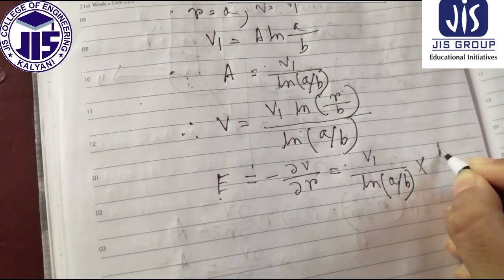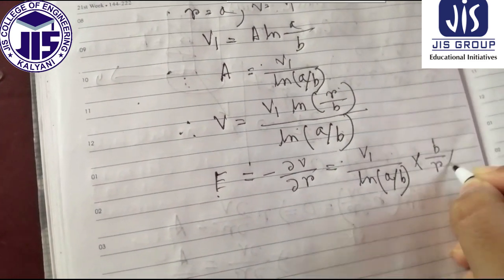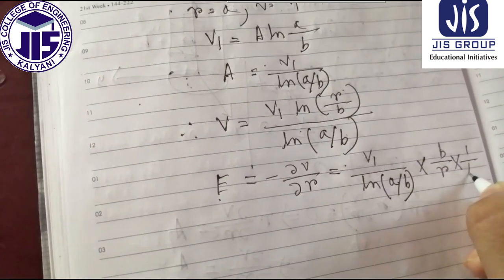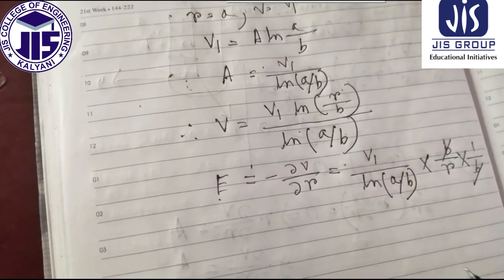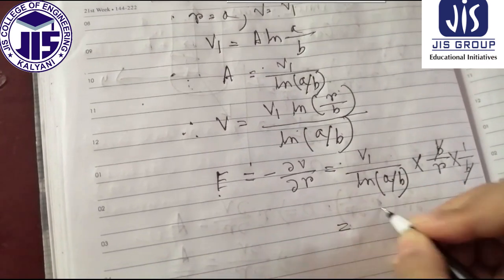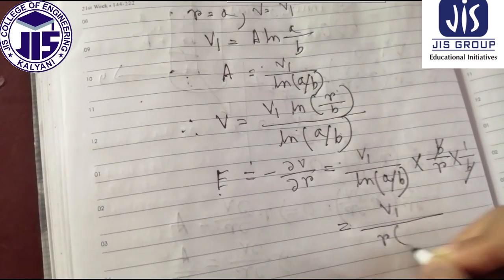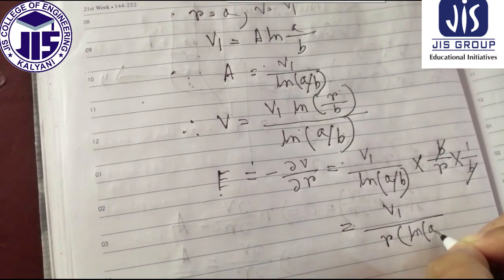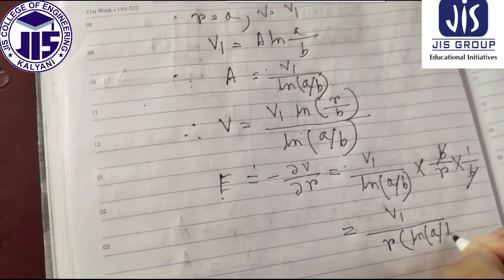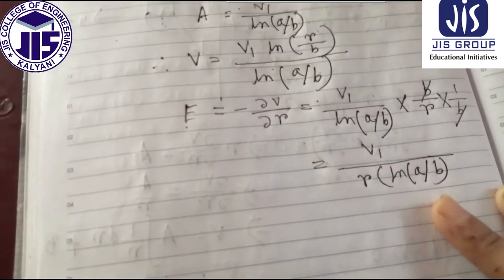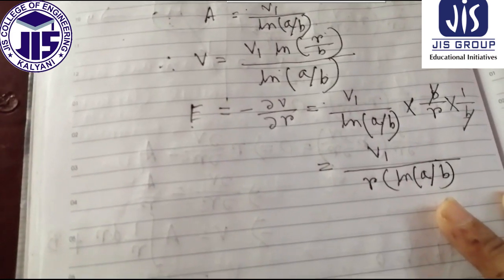That means b by r into del r of r by b, meaning 1 by b. So b is gone. Finally we are getting V1 by r into ln of a by b. So this is the expression of the electric field.